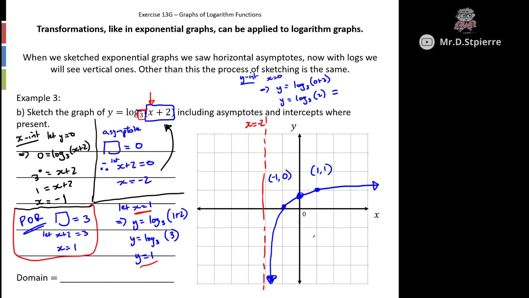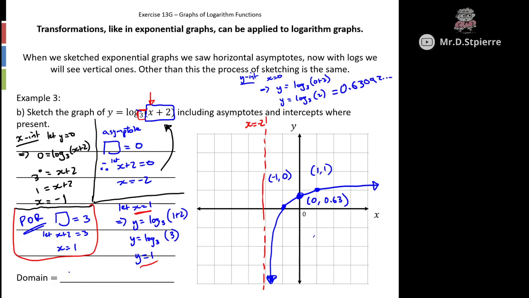Yes, 0.63092, it keeps going on and on. But 0.63 will be close enough.